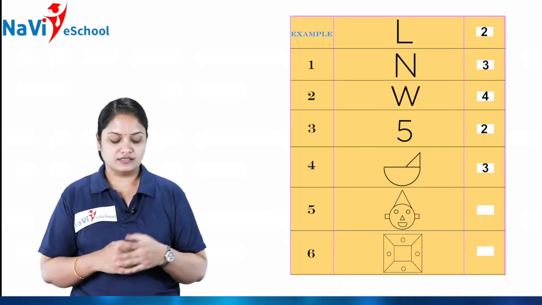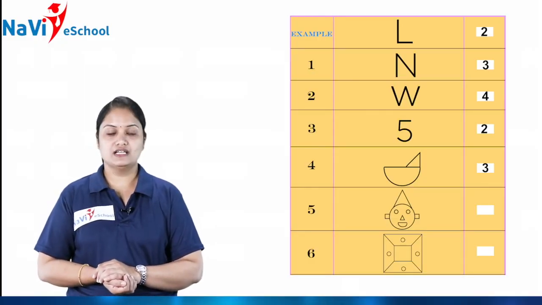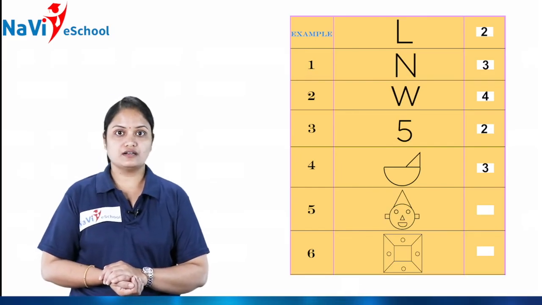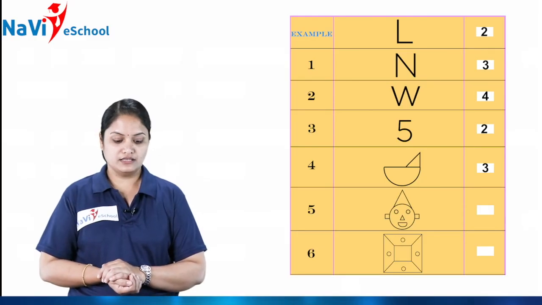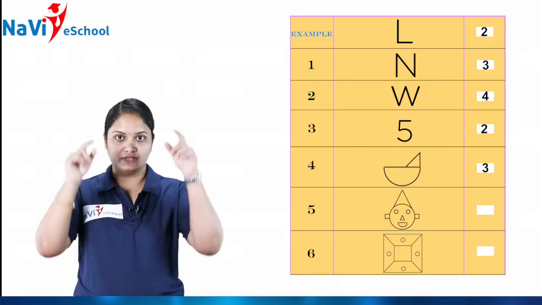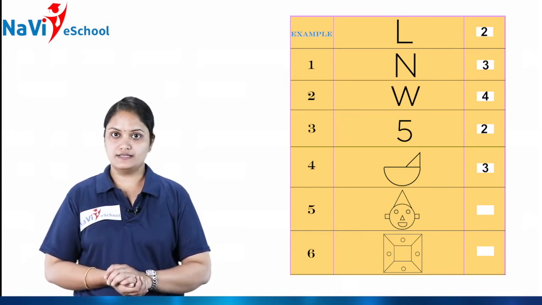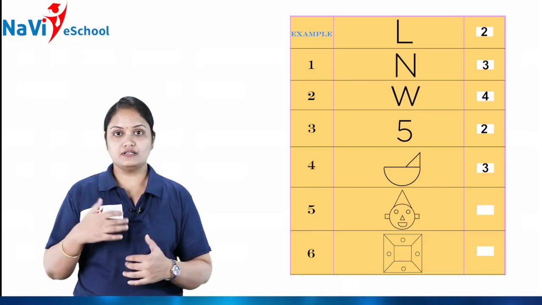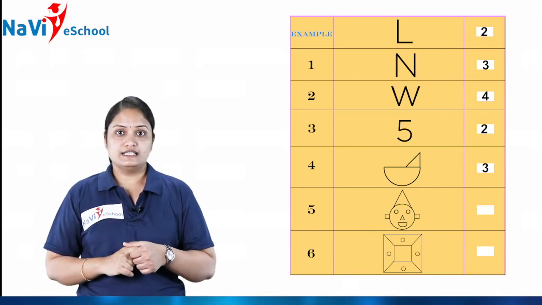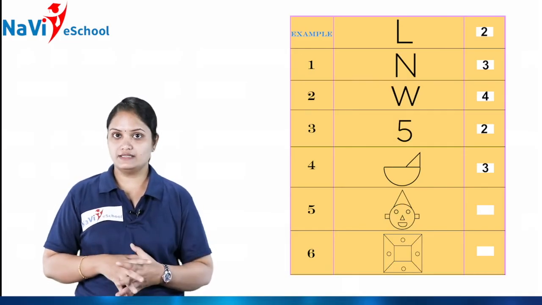Okay. Next comes a face of a joker, or you can take it as a clown. Here, how many straight lines are there? You can count his nose, mouth, ear, or his cap. All these things you have to consider, okay? First, his cap. Does his cap have straight lines?